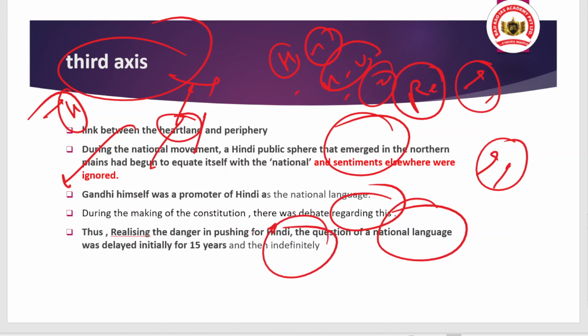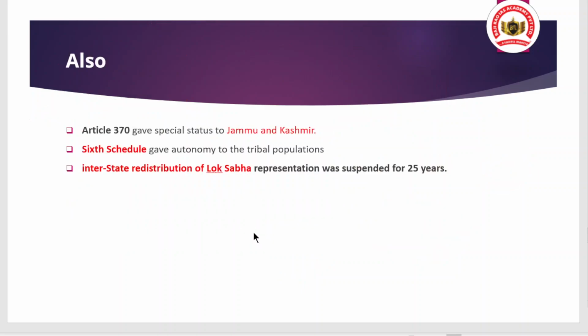Okay, that is the point, because we have to understand the concerns of the regional states where Hindi is not spoken. That is also highlighted in the article.